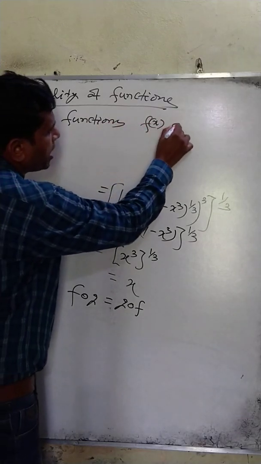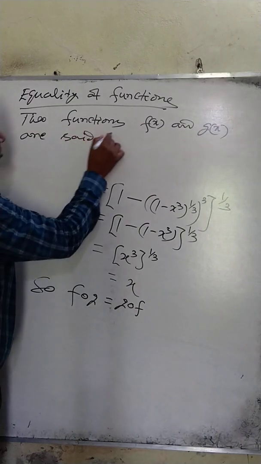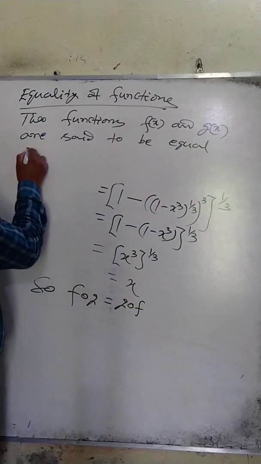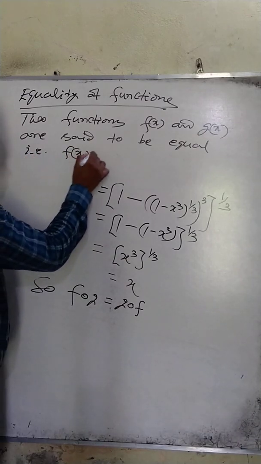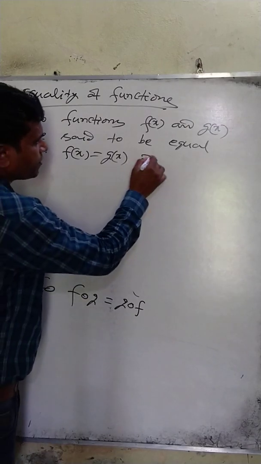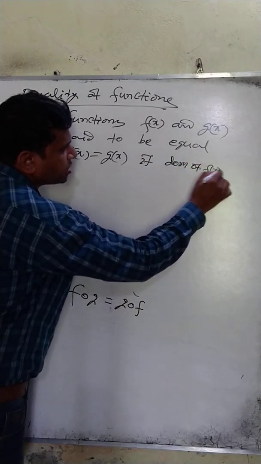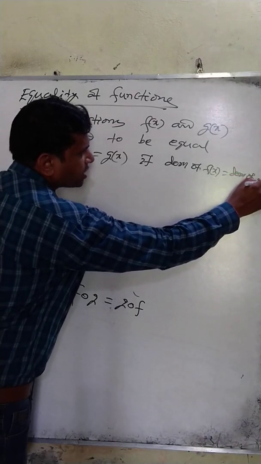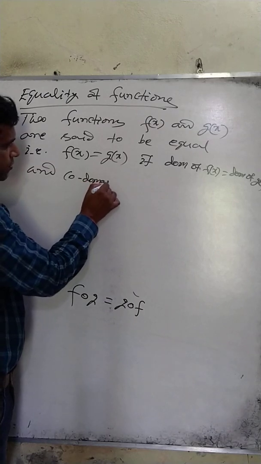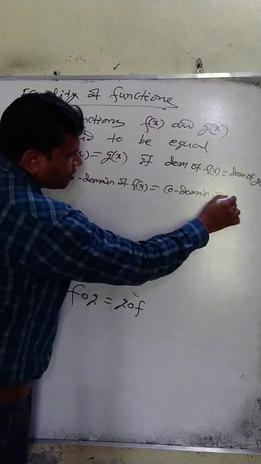f of x and g of x are said to be equal, that is symbolically we can write f of x equal to g of x, if domain of f of x is equal to domain of g of x and codomain of f of x is equal to codomain of g of x.